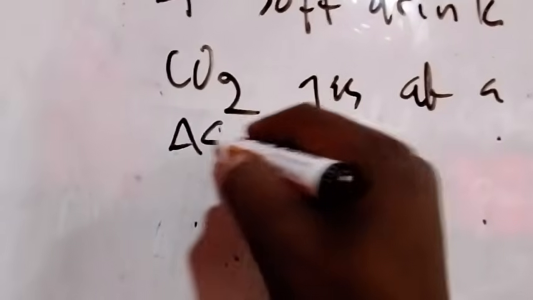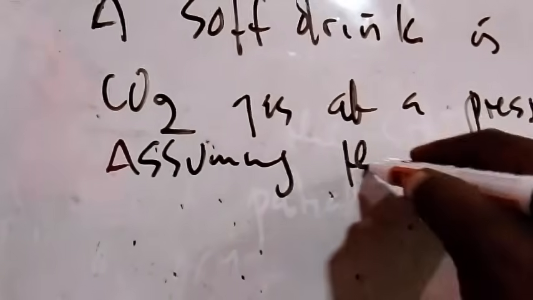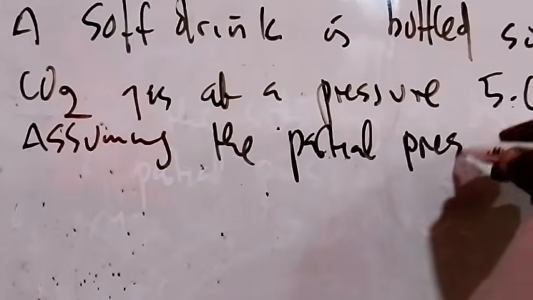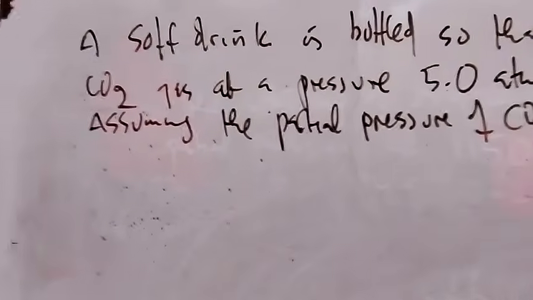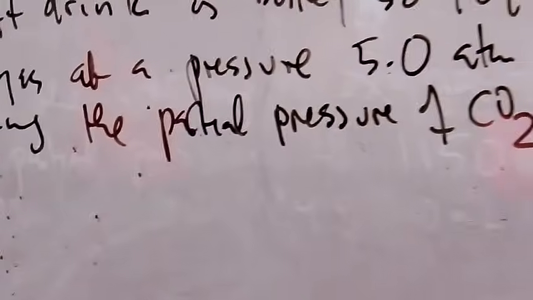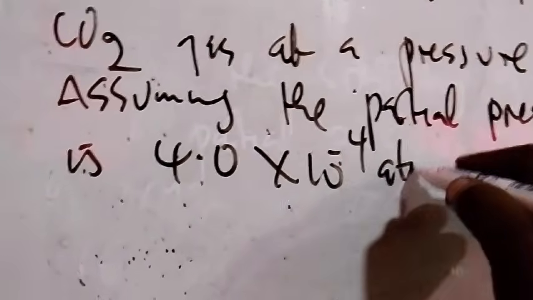Assuming the partial pressure of carbon dioxide in the atmosphere is 4.0 times 10 to the power negative 4 atm.